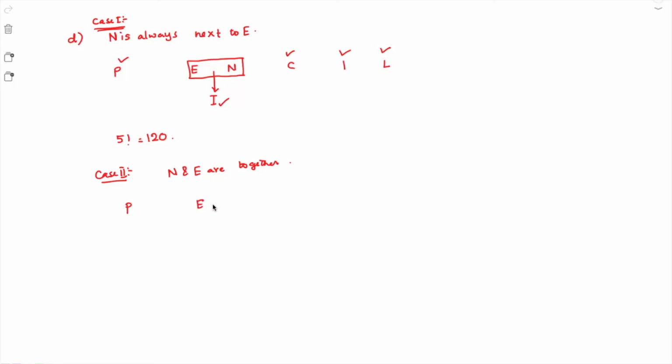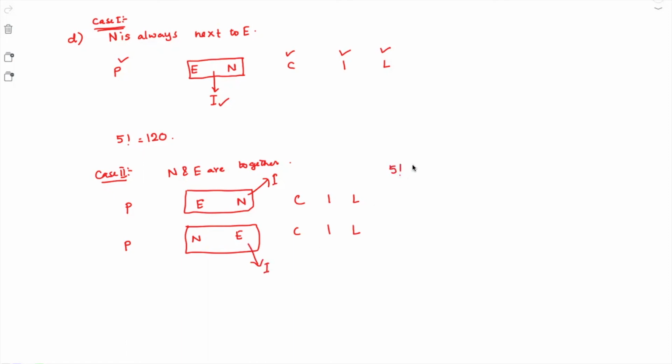When I say N and E are together, you can have one instance like this, and you can have another instance like this. So here, this is a single unit. Similarly, this will also be a single unit. But the total number of ways will become 5 factorial into 2 factorial. Why? Because the positions of E and N can interchange.